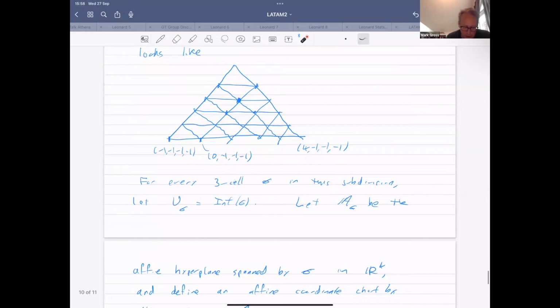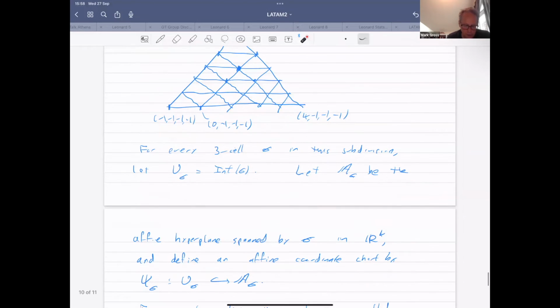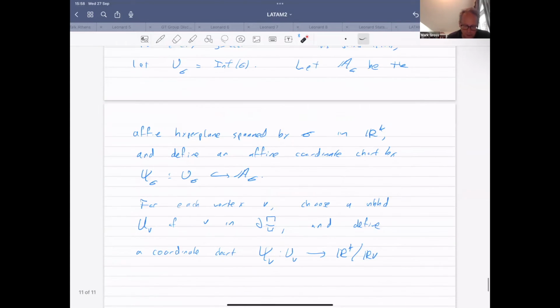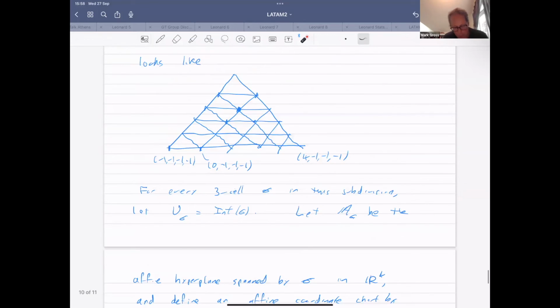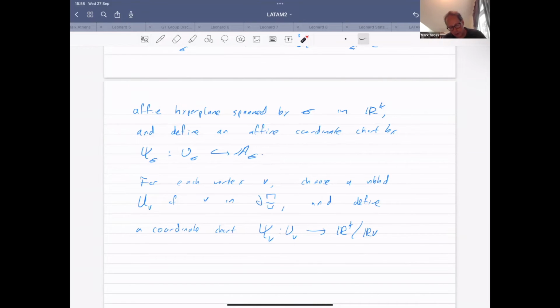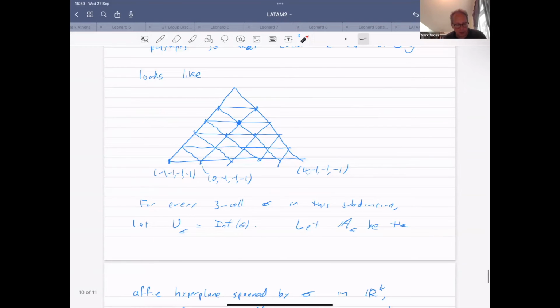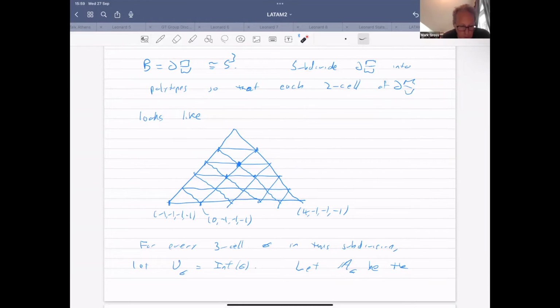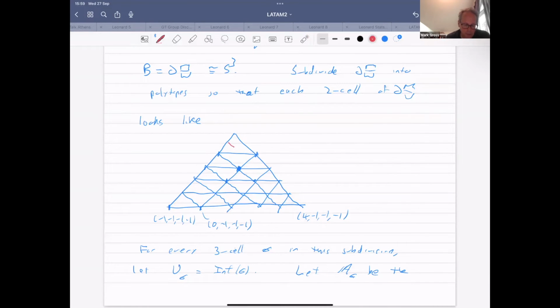Now I have to be very careful about what these open sets U V are, because if I'm not careful, if they overlap, they're not going to be compatible. We'll have transition maps that are only piecewise affine rather than affine. So at this point, it becomes crucial to remove some set from the boundary.